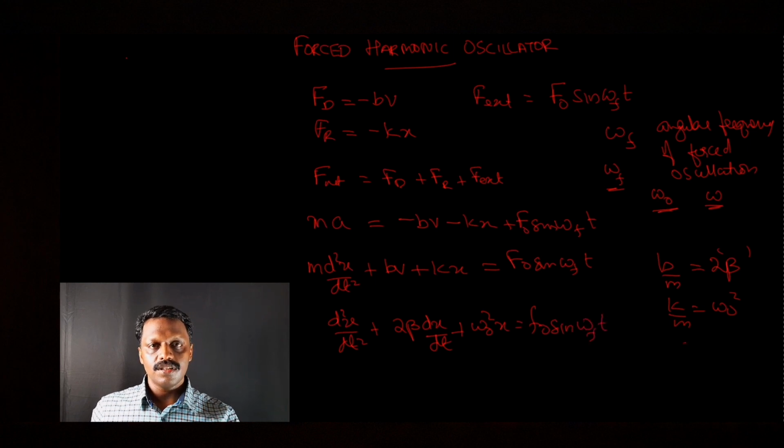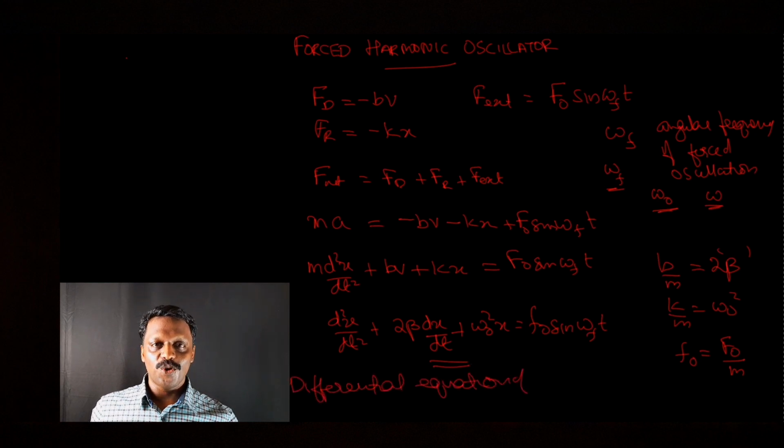The small f0 is capital F0 divided by m, as said earlier. Now this represents the differential equation of a forced harmonic oscillator. This equation is a non-homogeneous differential equation of second order.